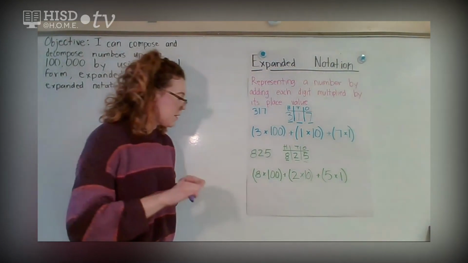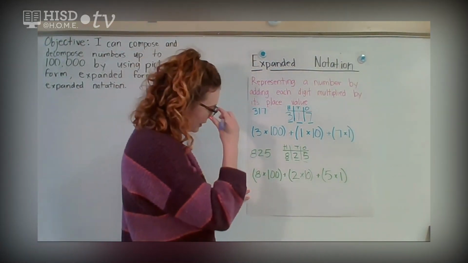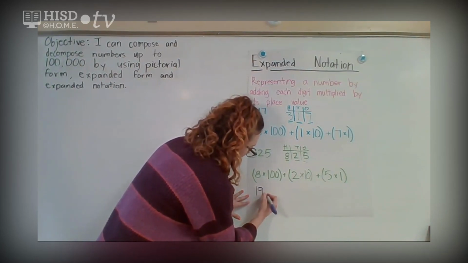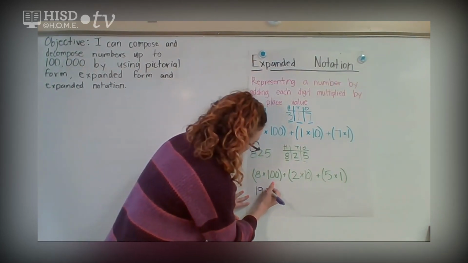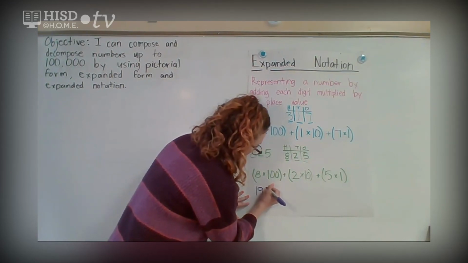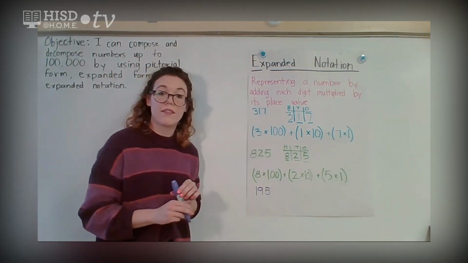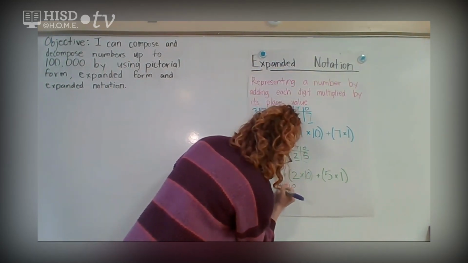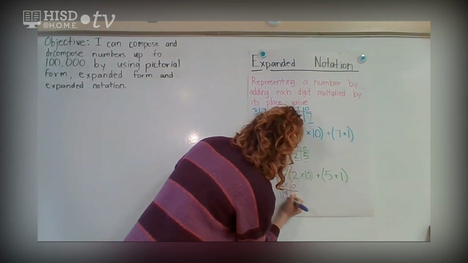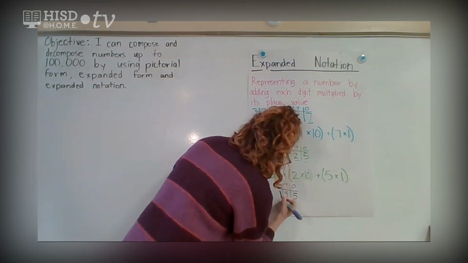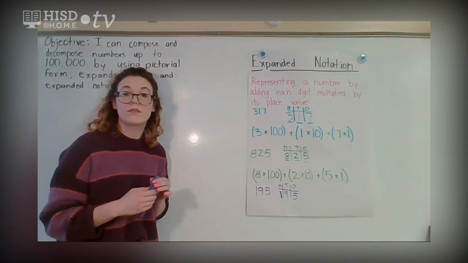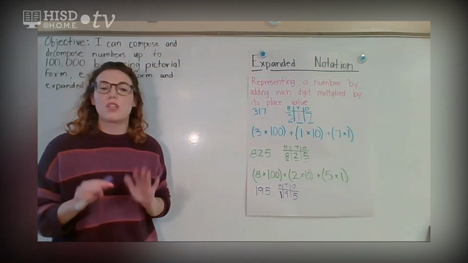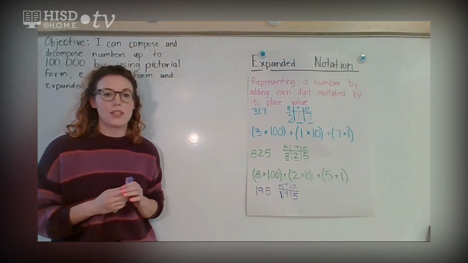So, I'm going to give you the number. 195. I'm going to put it in a place value chart for you. Ones, tens, hundreds. 195. I'm going to give you guys a minute to try and solve this. If you need more time, just pause it, okay?